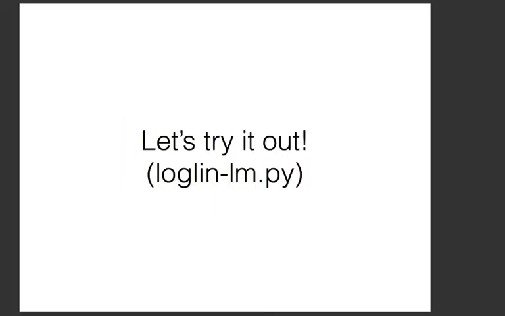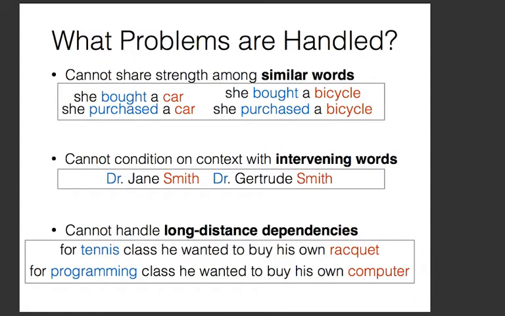Okay. So I talked about before problems with n-gram language models. The n-gram language models had several problems, 3 of which are noted here. The fact that they could not share strength among similar words.